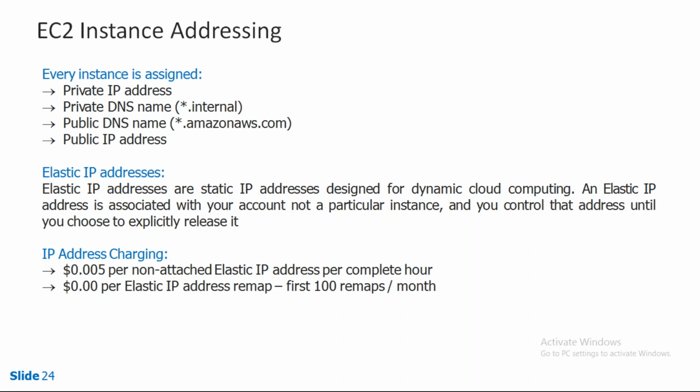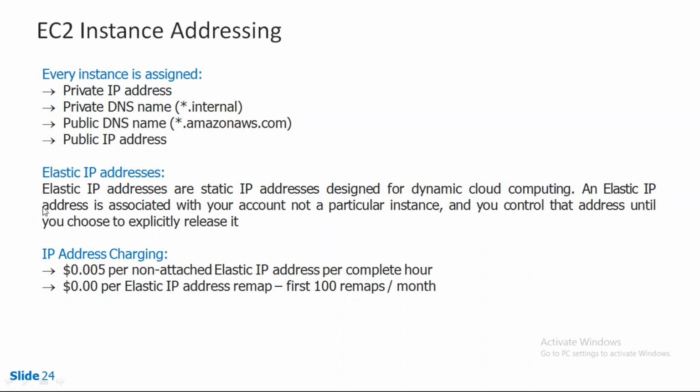When we want to log in externally, we must have a public IP address. Then only can we communicate. And there is an option whether you want a public IP address or not. There is also a private DNS name for internal usage and a public DNS name under amazonaws.com, so you can connect directly to that instance publicly from an external network.